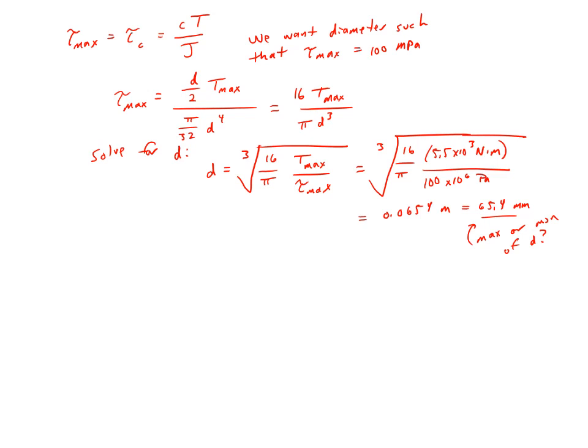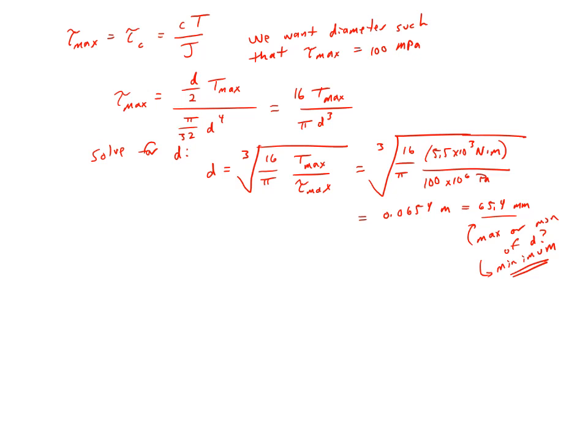If the diameter gets smaller and smaller, imagine that all of that torque has to be supported by a smaller and smaller radius, and so the shear stress is going to get even bigger, right? So this value that we've just come up with is the minimum value. You have to have at least that diameter in order to limit your stress to 100 megapascals.